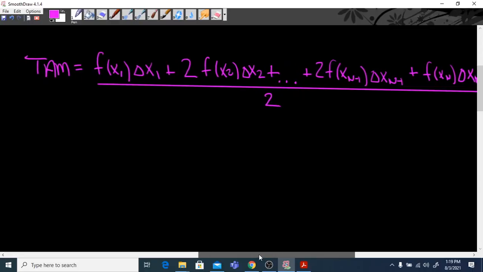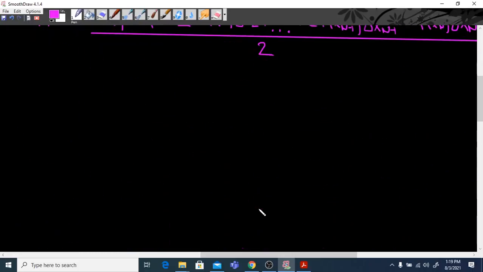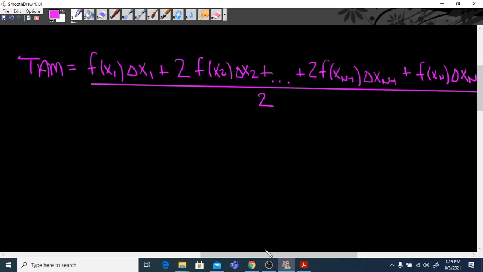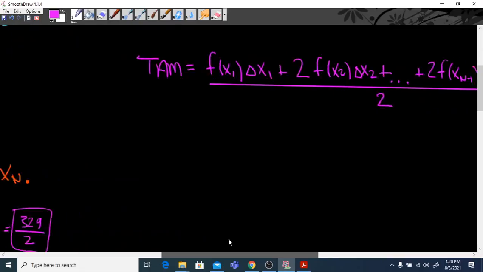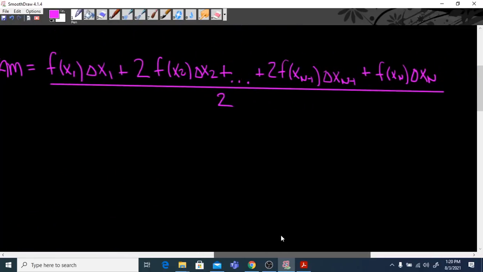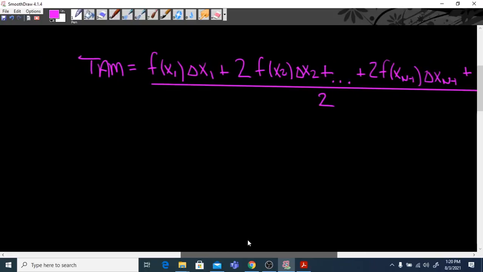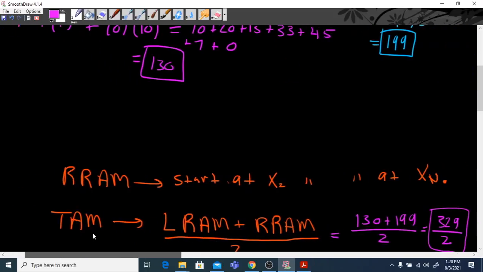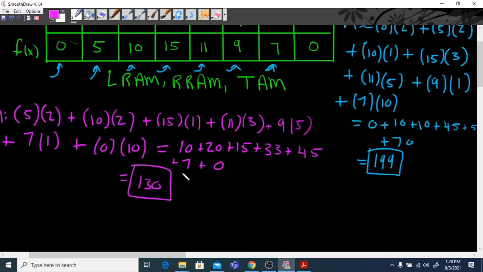All right, so now the very last thing in this video is going to be plugging in the values from the table into the trapezoid approximation formula. So here's what I'm going to do for that. I don't want to waste a bunch of time.